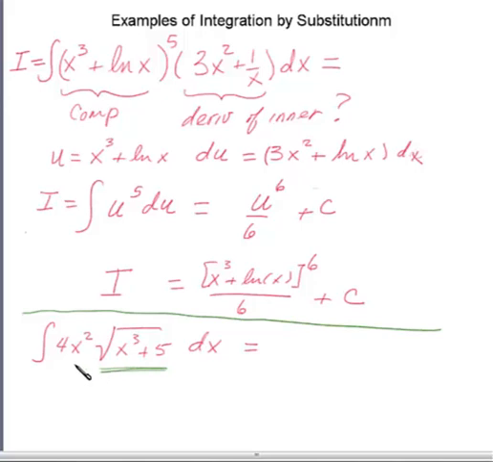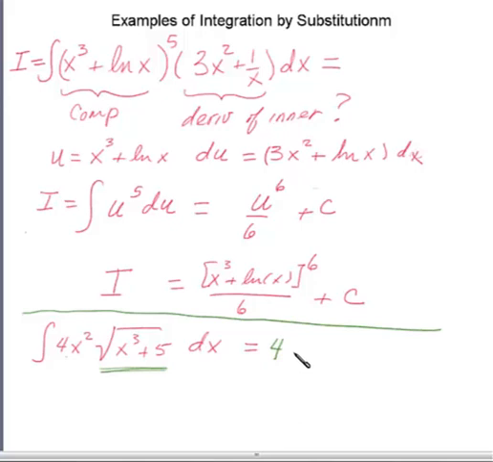And when I look over here, I don't have a 3x squared. I've got a 4x squared, so it doesn't quite fit the form. But we know how to fix that. Thinking about the 5 things that you must know, I know how to fix that. First of all, I can take this 4 outside the integral. Now also, I can multiply the integral by 1.